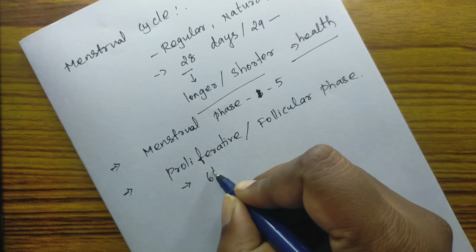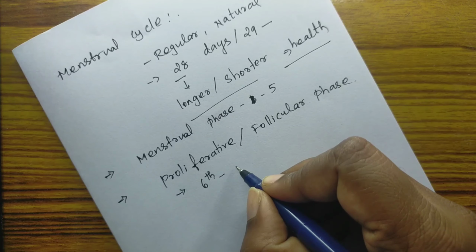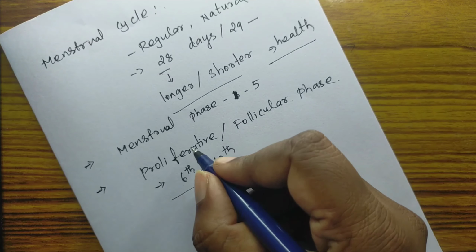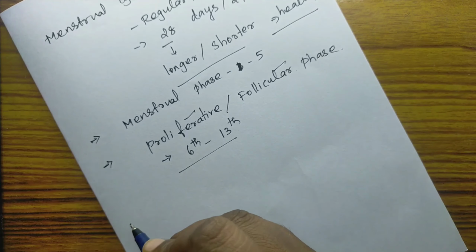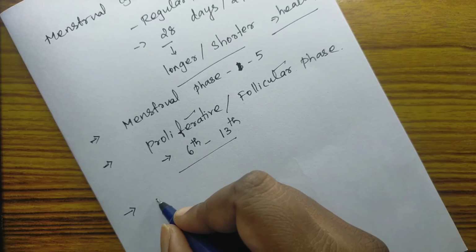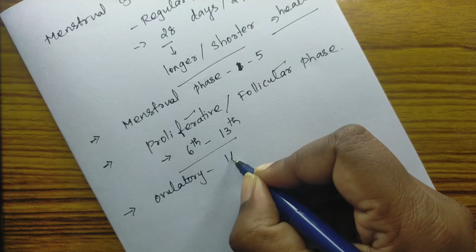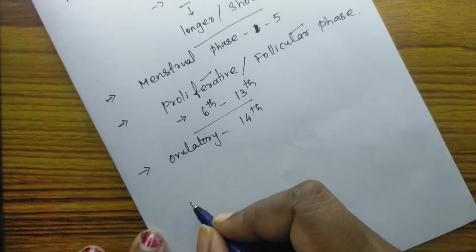This phase is from the 6th day to the 13th day of the menstrual cycle. The next phase is the ovulatory phase, which is on the 14th day.